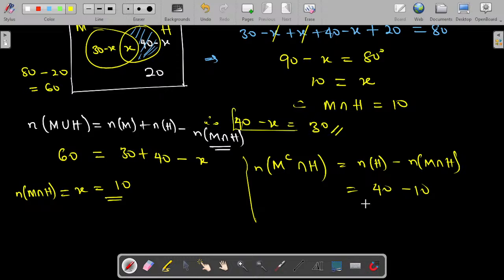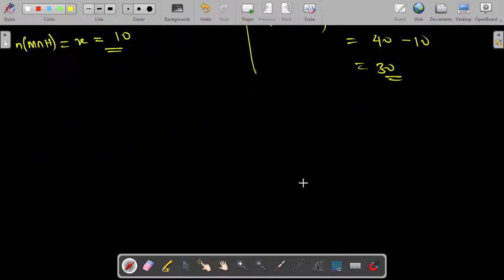That will give you 30 as the solution. So that is the solution for exercise 4 as was asked. Next is to do exercise 5. All right, let's move on to that.